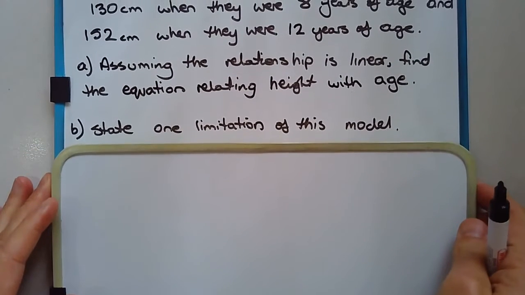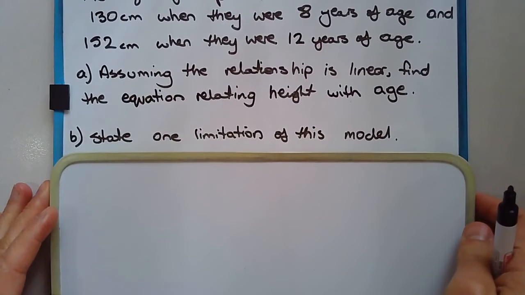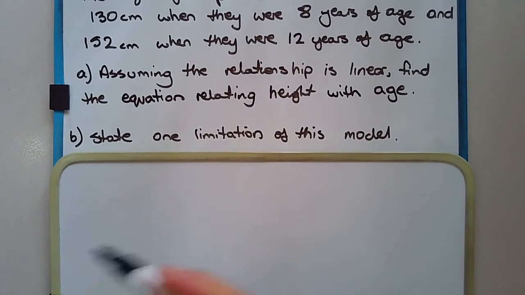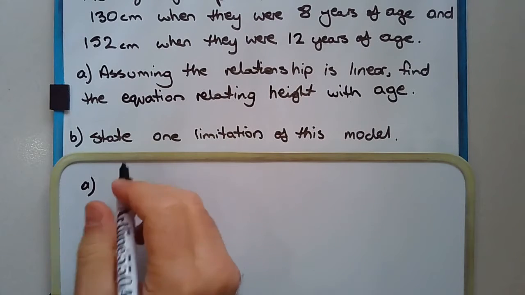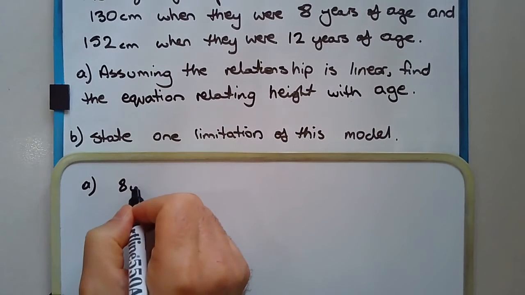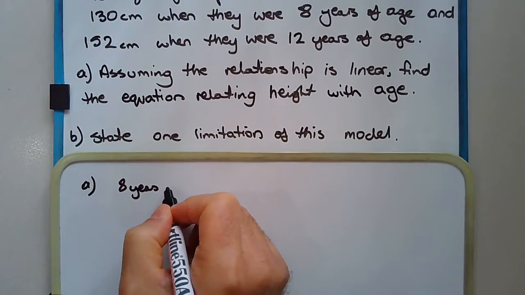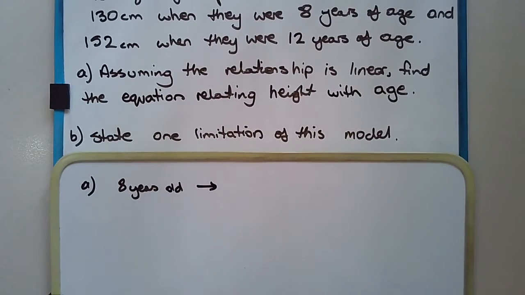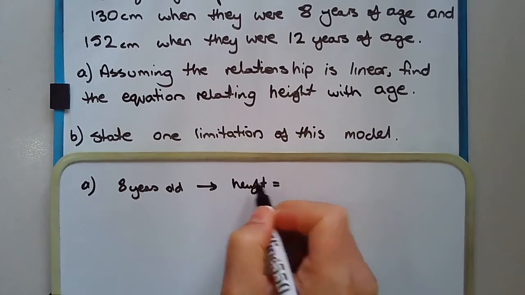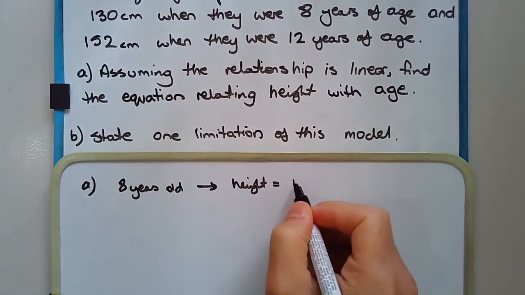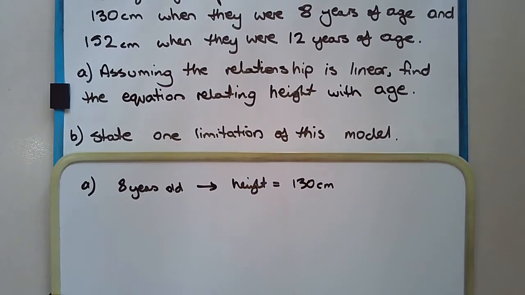So we need the equation that relates height with age. So I'm just going to do the solution here. When the person is 8 years old, what's their height? The height is 130 centimeters. So I'm writing down the data.